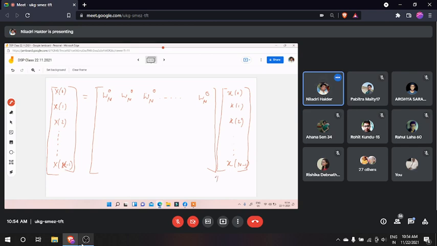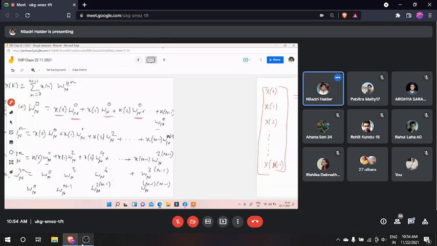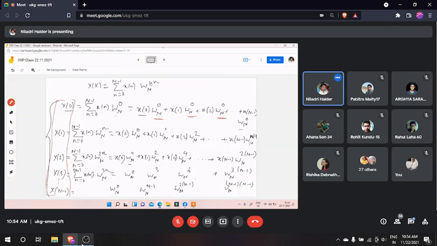So it will be of size n cross n. So now we can check it. Capital X0 will be small x0 into WN0 plus x1 into WN0 plus x2 into WN0 plus up to xn-1 into WN0. The first equation you are getting.